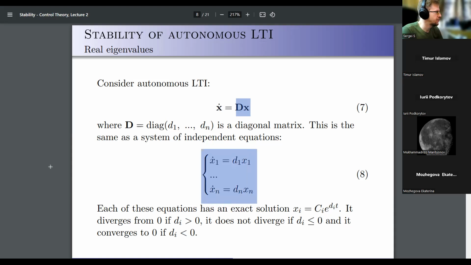It essentially will be a system of equations where x1 dot is equal to d1 x1, x2 dot equals d2 x2, and xn dot equals dn xn. That's what we're going to get. It is clear that this would have this form.